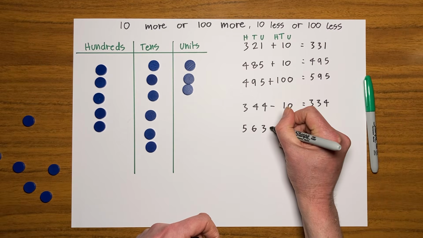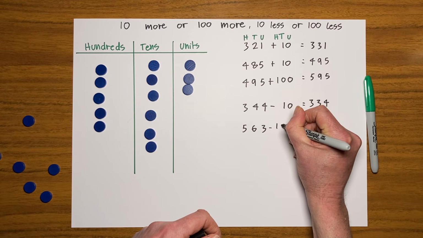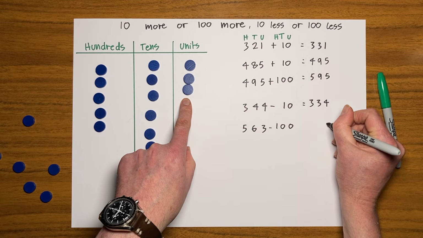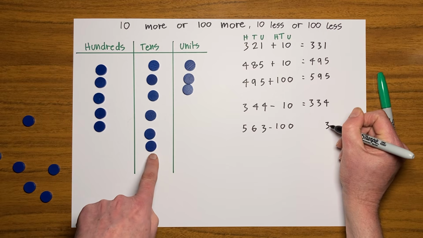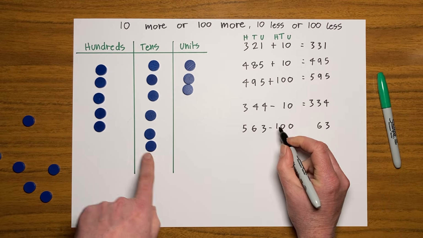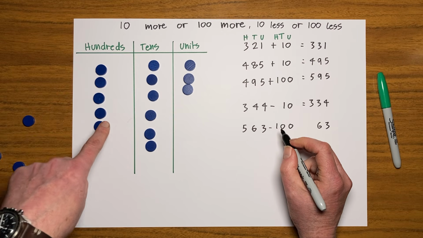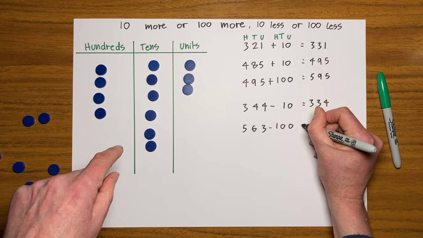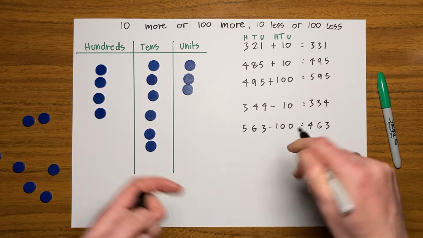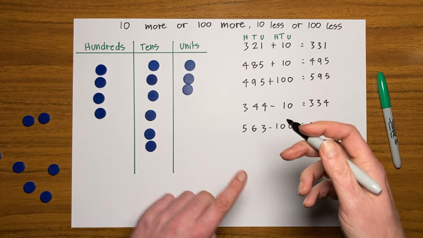Now if I take away 100, I'm not taking away any units, so that's going to stay the same as a 3. Not taking away any tens, so that's going to stay as 60. But I am taking away 100, so 500 becomes, you got it, 400.